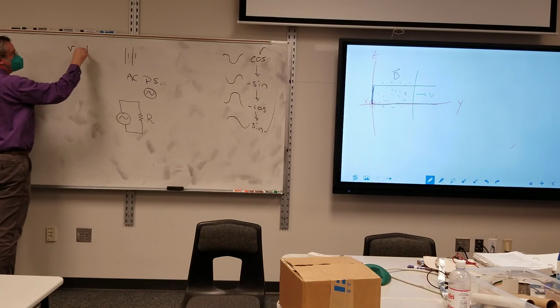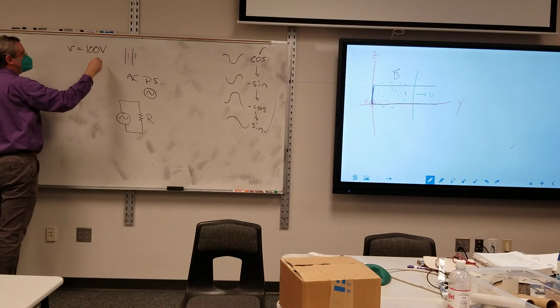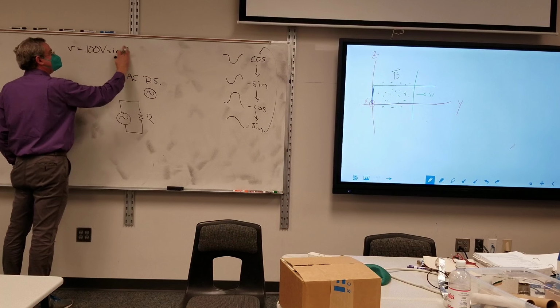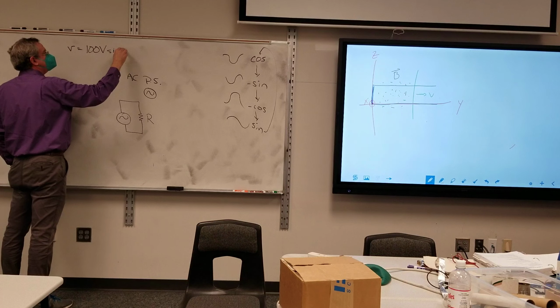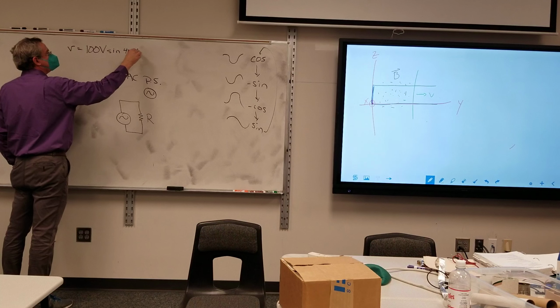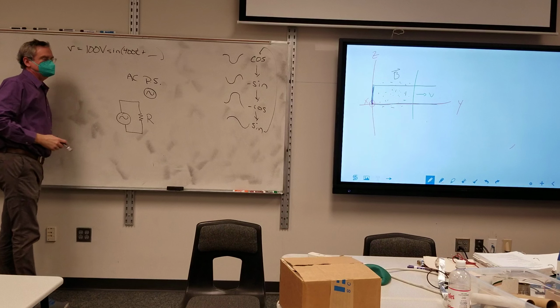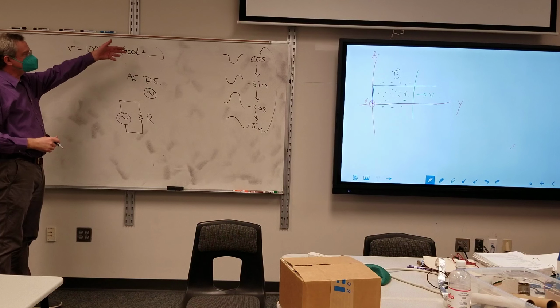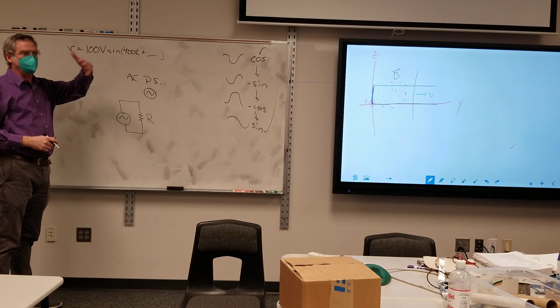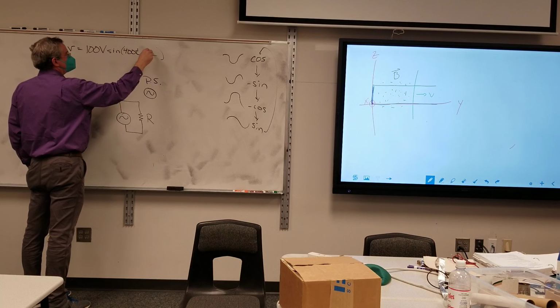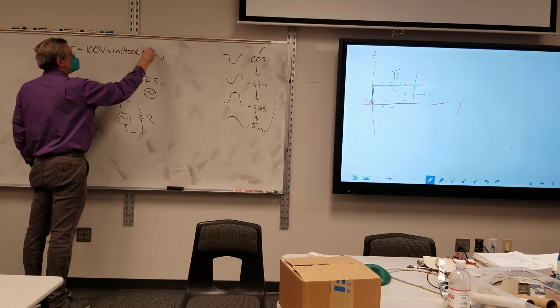Why don't we just say 100 volts times the sine of 400t, technically plus some phase shift, depending upon where you actually start. I'll just throw a number in here, 0.5.